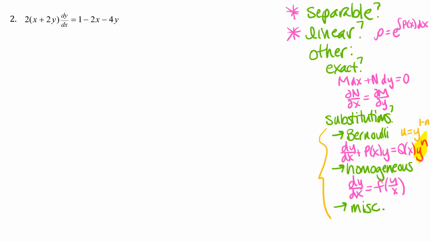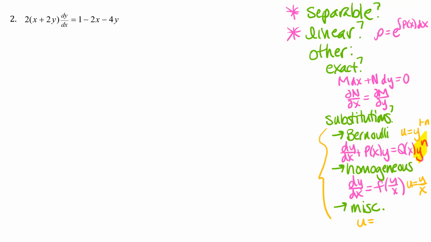It's either going to be separable or linear. And with homogeneous, similarly, you can make a substitution u equals y over x, and that will force the differential equation, at least for our textbook, to be separable or linear. The miscellaneous substitutions are maybe a little bit harder because you have to figure out what to let u equal that is going to simplify the equation.